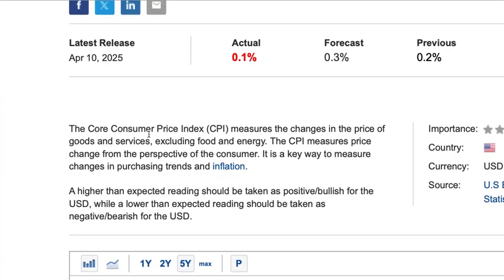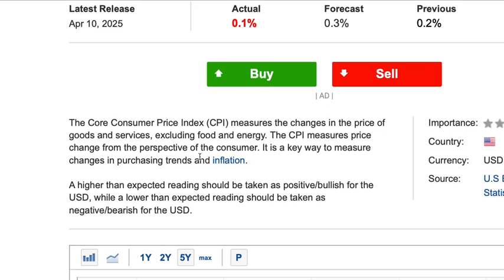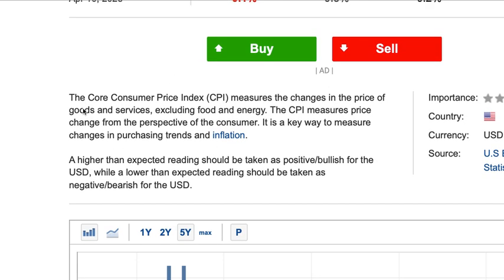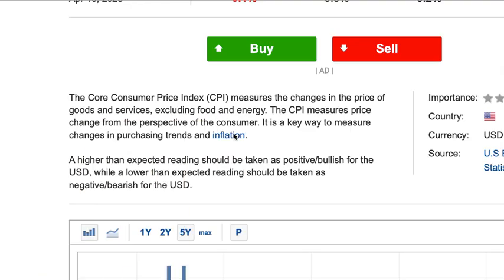The core consumer price index, CPI meaning consumer price index, measures the changes in the price of goods and services, excluding food and energy. Excluding what? Food and energy.